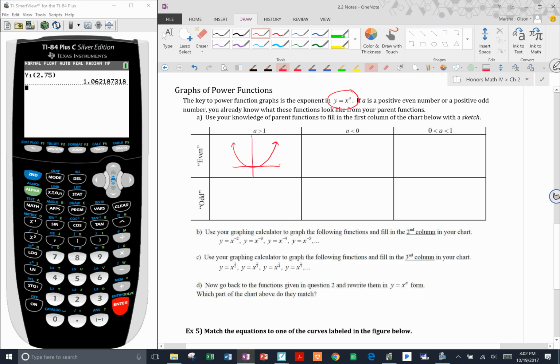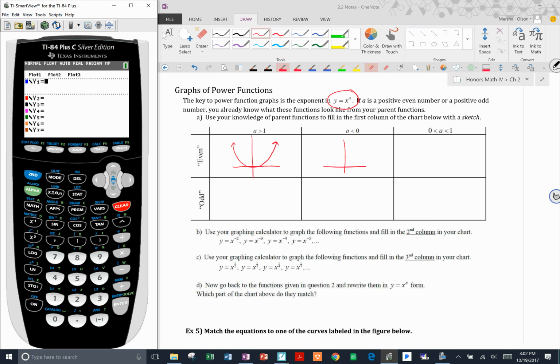If a is less than 0 but is even, so something like, oh, I don't know, let's take a look at a graph here. y equals x to the negative second. Let's take a look at what that looks like.